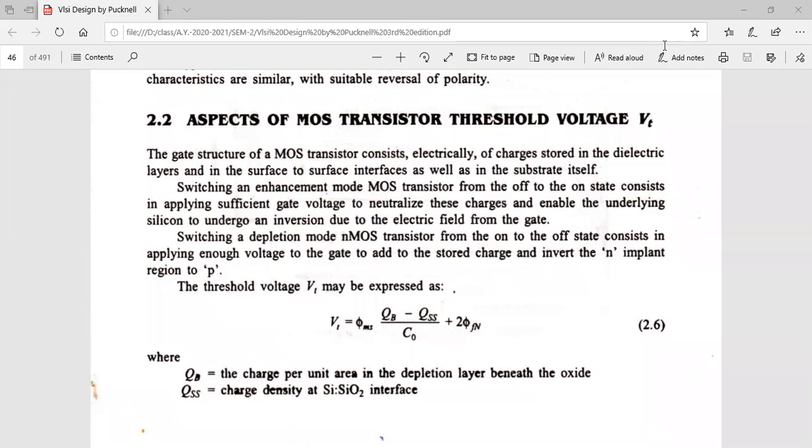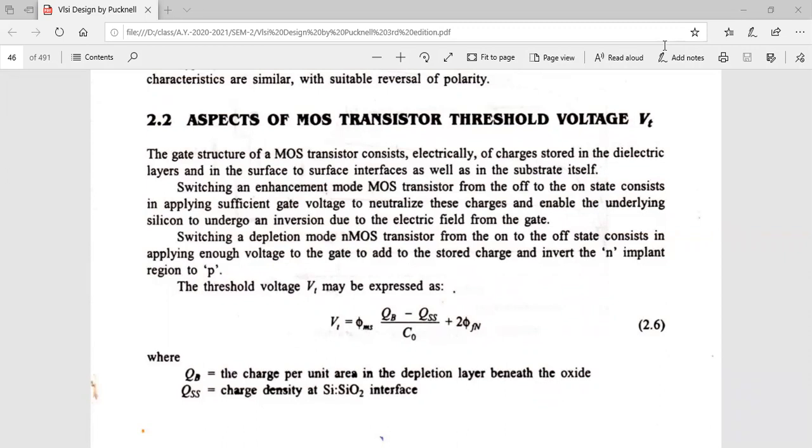Depletion mode means by default we will have a channel between the source and drain, but enhancement mode means we don't have a channel between the source and the drain. From the off to the on state, it will be done only if a sufficient amount of gate voltage is present.